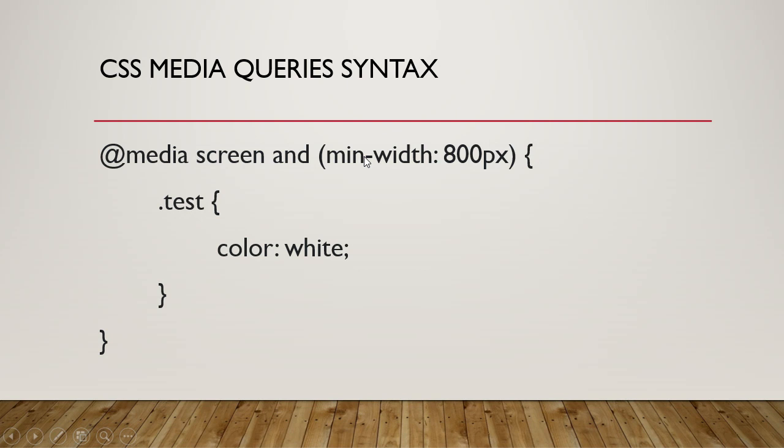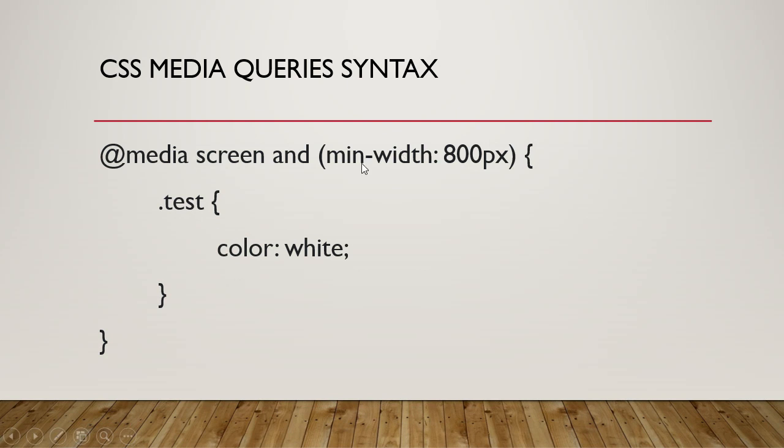Presently, we are saying that the width of the device, if we want every device that is 800 pixels and above, this is min-width. So we are saying the minimum width that this whole rule will apply to, the lowest, is 800 pixels. So 800 pixels and above, I want this rule to take effect.